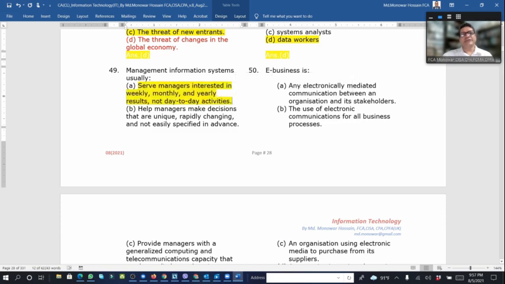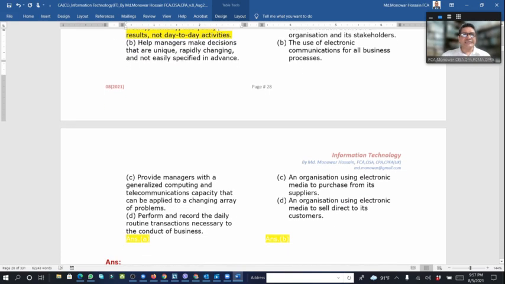Answer 1 is correct here. Basically, management requires weekly, monthly, quarterly, half-yearly, and yearly reports for decision making. Day-to-day results they do not require from a management information system. Day-to-day results are required for operational purposes. So your answer is A.